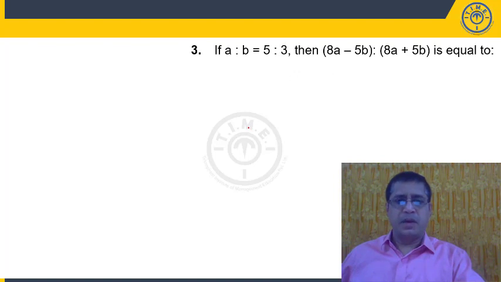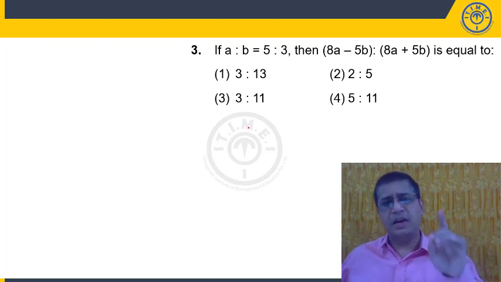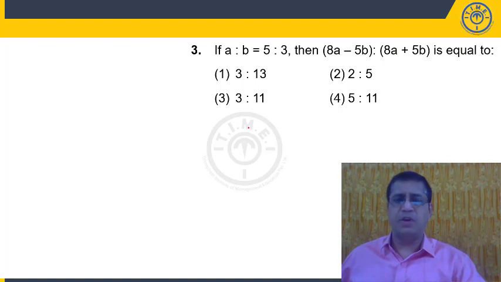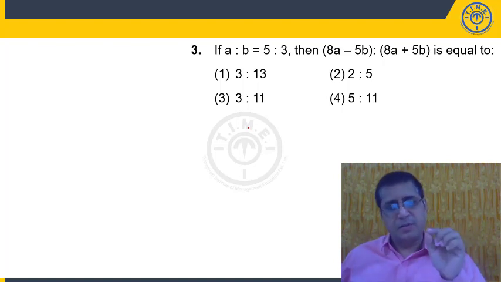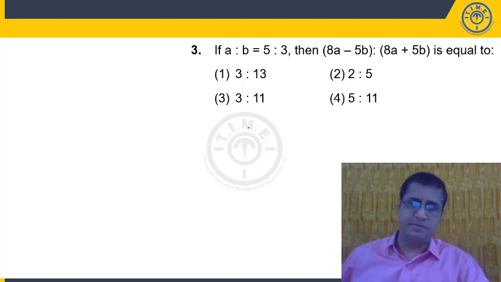If A is to B is equal to 5 is to 3, then 8A minus 5B is to 8A plus 5B is equal to. Yes, my dear students, please pause the video. Try on your own and then watch the solution.